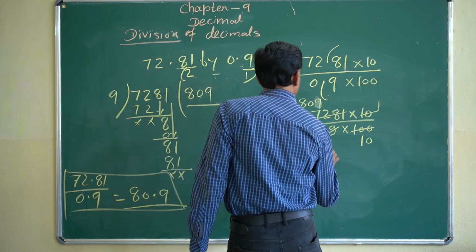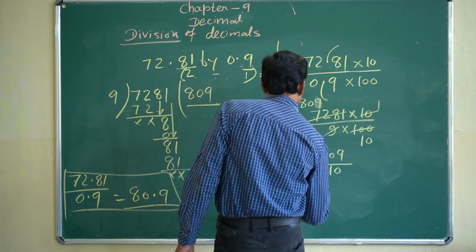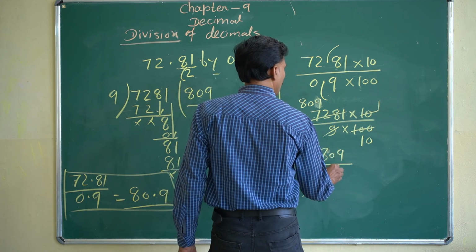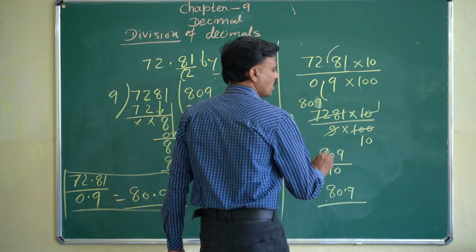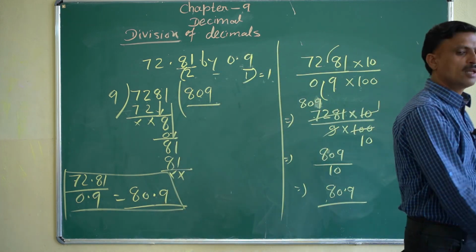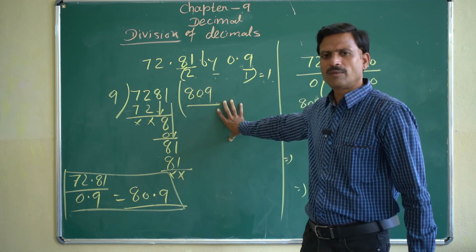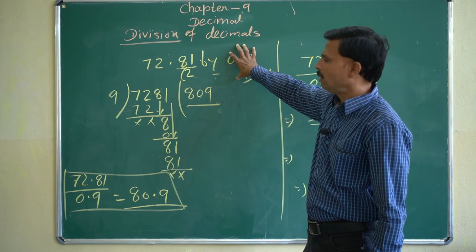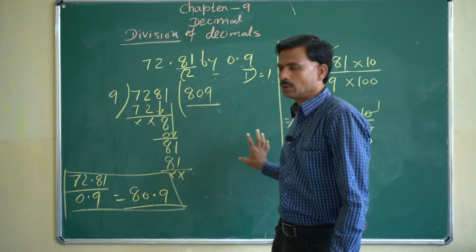So what is coming? 809 divided by 10, and since it is divisible by 10, you can divide 809 by 10, so it will come 80.9. So in both ways you can solve it, either in this or this. All the questions, when a decimal number is divided by a decimal number, you can solve in this method or this method, whatever you like.